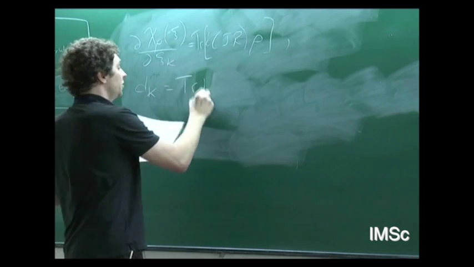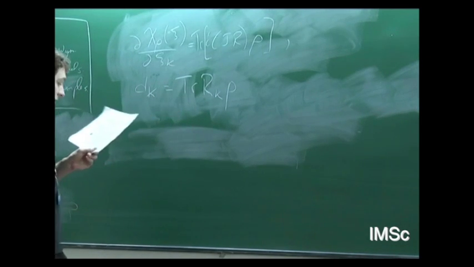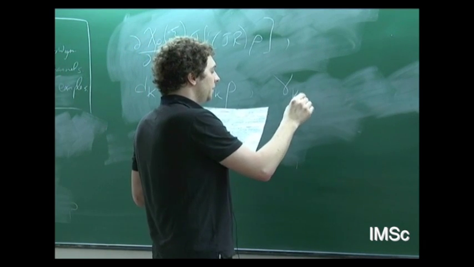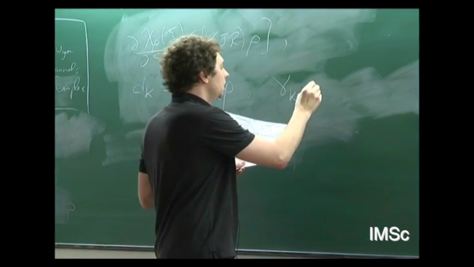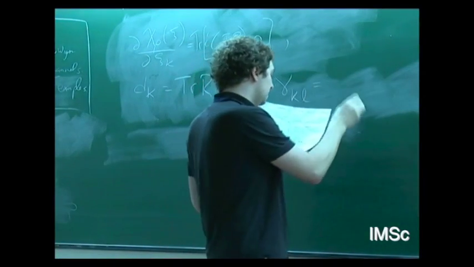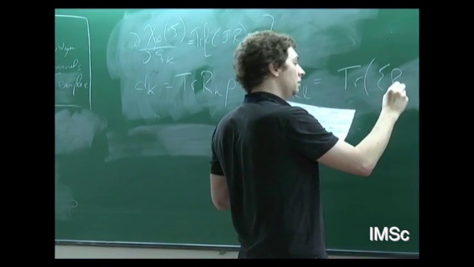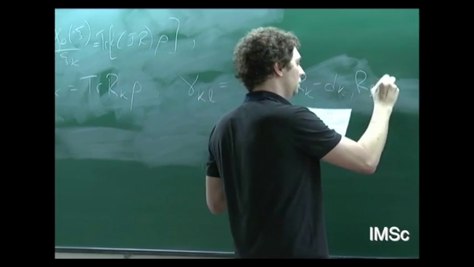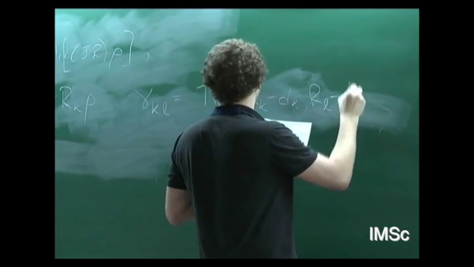It's just going to be equal to the expectation of r_k with respect to rho, and the covariance matrix is just going to be the expectation of the second order moments shifted by the expectations of the first and symmetrized.